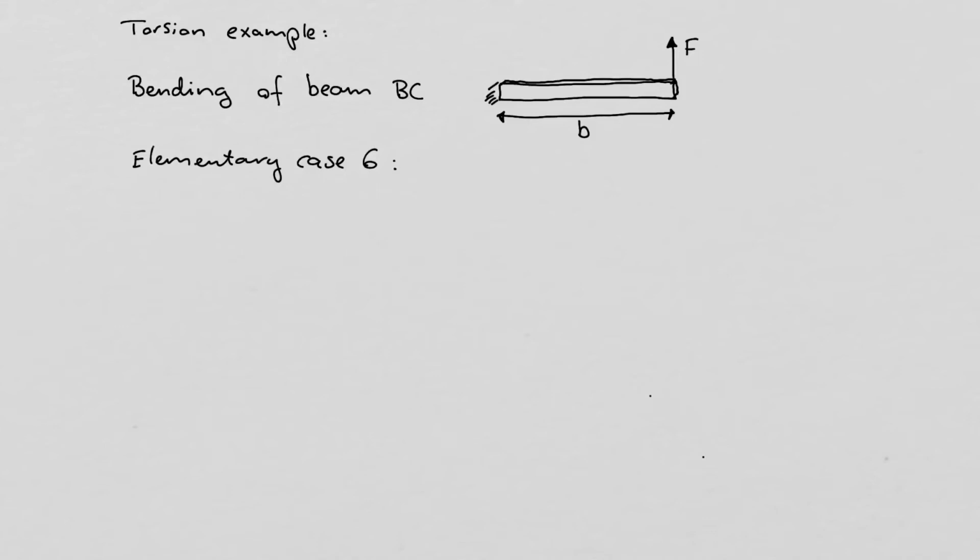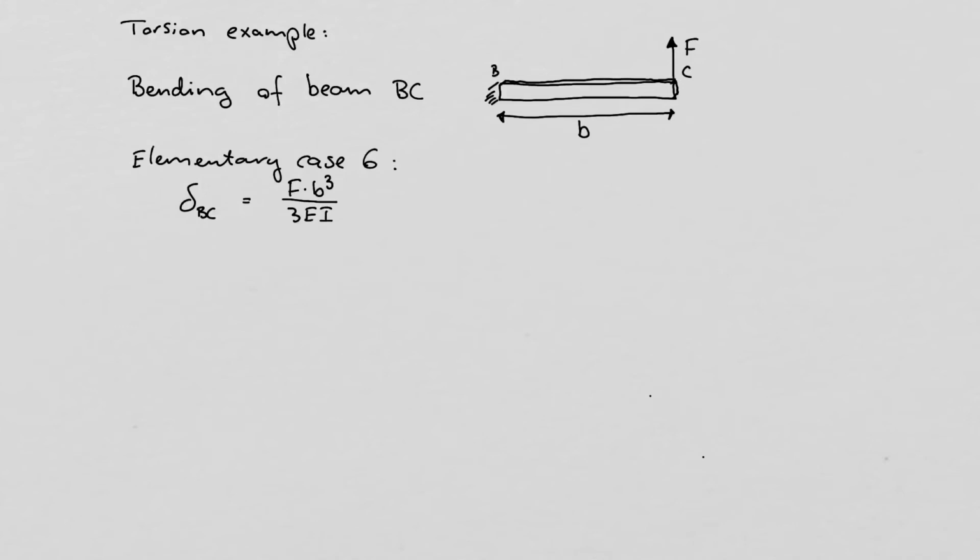Looking at our elementary case, the vertical deflection that we will call BC at point C, so this is point B, this is point C over here, from elementary case 6 is the magnitude of the force multiplied by the length cubed divided by 3 times the bending stiffness here.